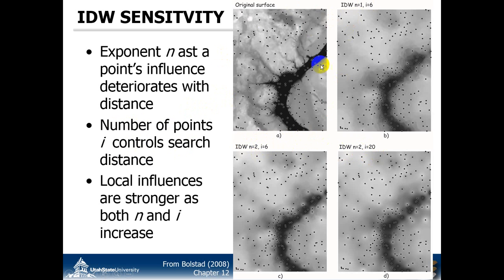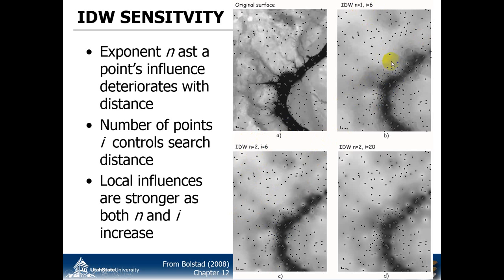So this is the original surface from which these points are extracted. You take those points and you do an inverse distance weighting routine, and you keep the exponent of 1 and use the 6 closest points around you. This is what you get. Now, if you still use the 6 closest points around you, but you change that weighting of the influence as the point gets away, this is what you get, right?